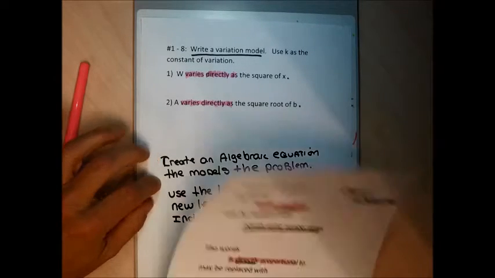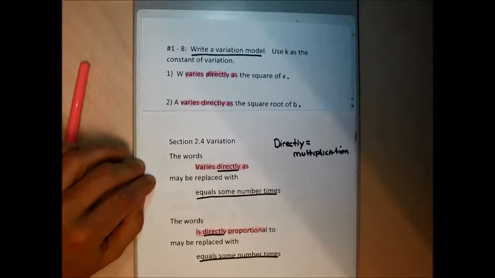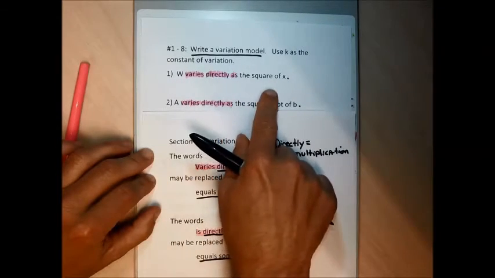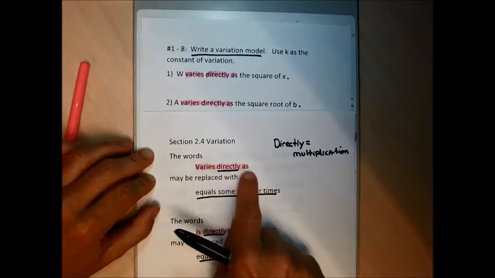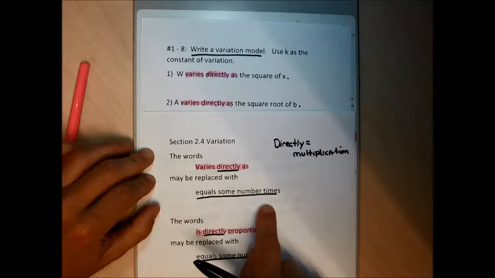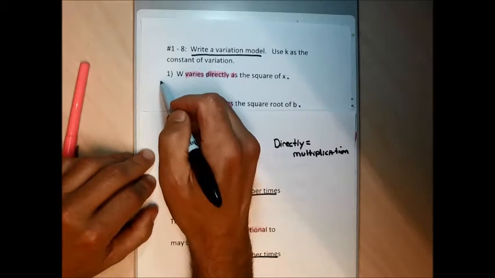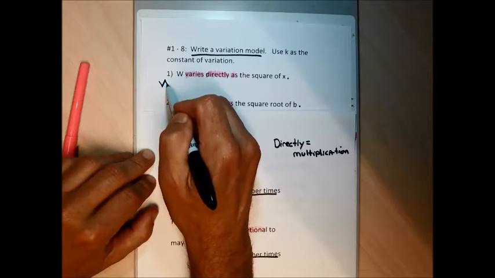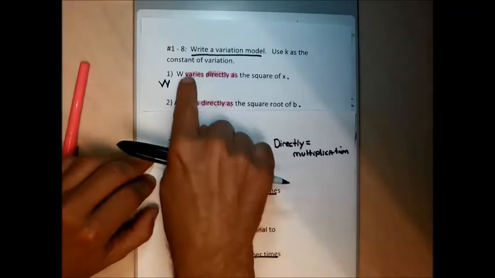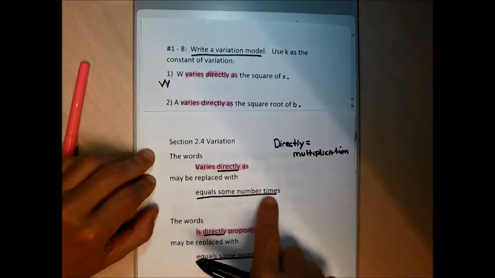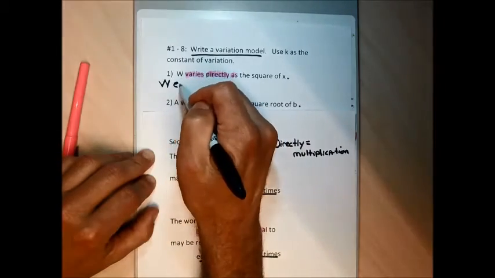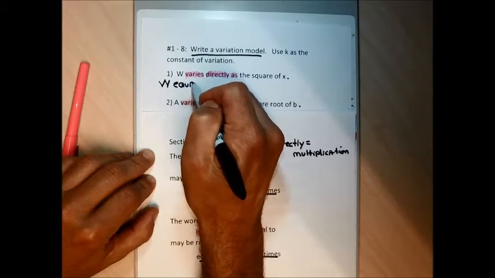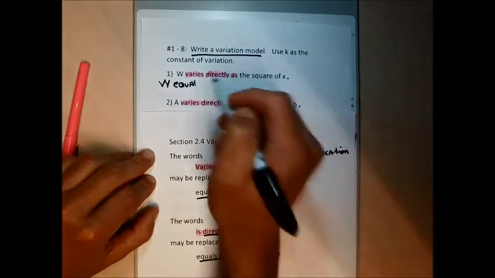So if I was doing problem 1, I read it as W varies directly as the square of x. The words "varies directly" can be replaced with "equals some number times." So problem 1, I can rewrite as W, and then "varies directly as" can be changed to equals some number times the square of x.